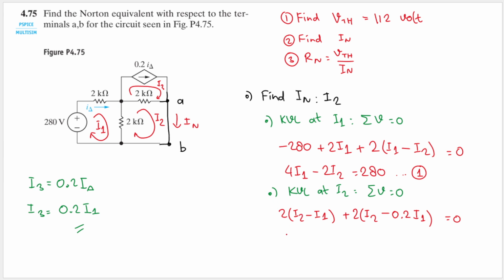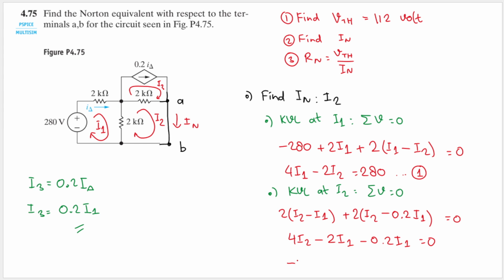Good. So now we will have 2I2 and this is 2I2, so we will have 4I2. And then we will have minus 2I1 and then minus 0.2 I1. All of that will equal 0.